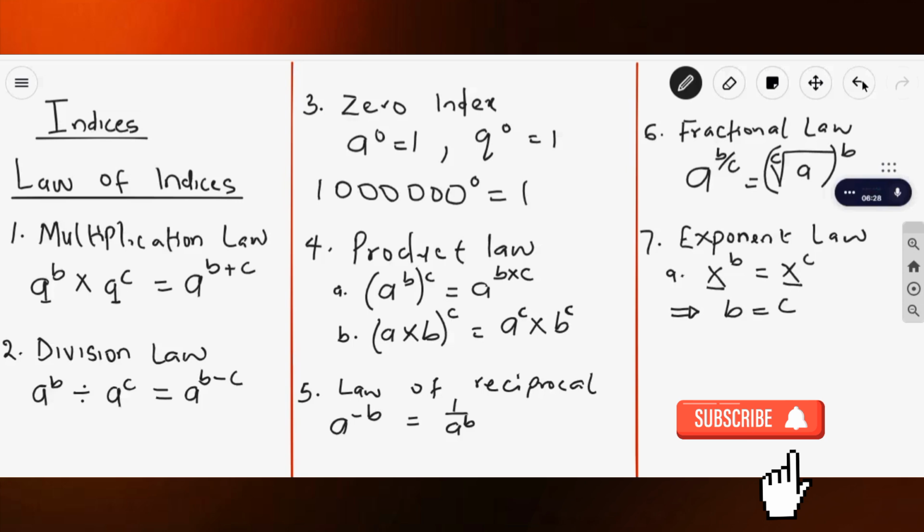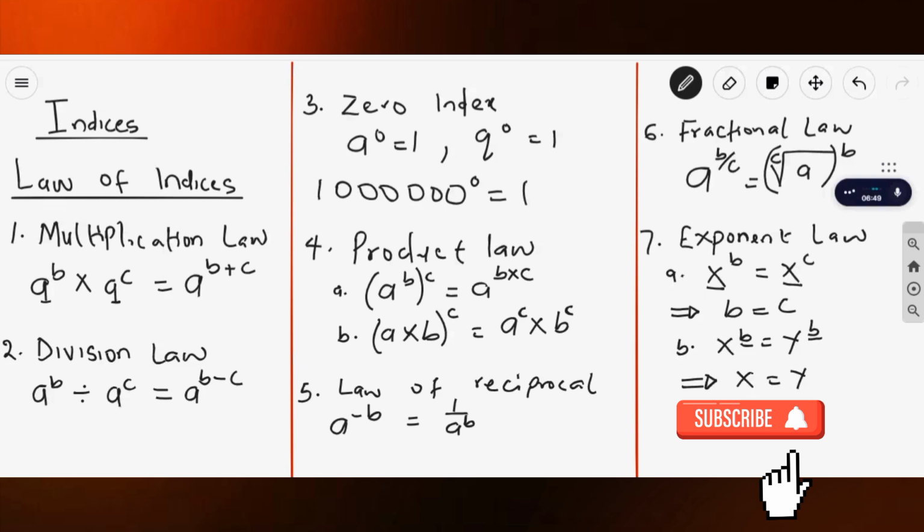Note, these x's are the same. You can also have, if x raised to power b is equal to y raised to power b, it implies that x is equal to y. Note, these powers are the same.